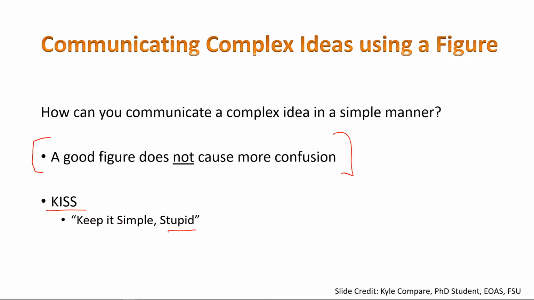I don't know why it's called this, but that's the main message. I think the one who came up with this rule said that if you don't keep it simple, that would be stupid. It's not you who are stupid, but it's not a smart thing to do. The smart thing to do is just to keep it simple. The stupid thing to do is to make complex figures that create confusion, and no one will know what you're talking about.